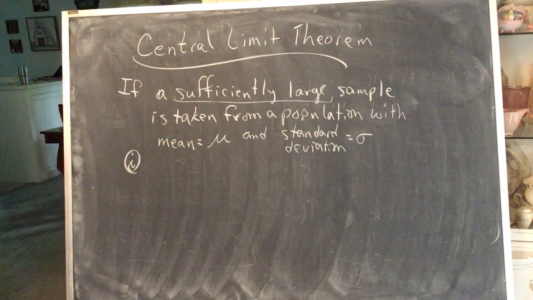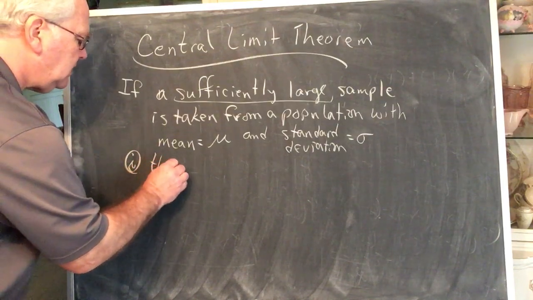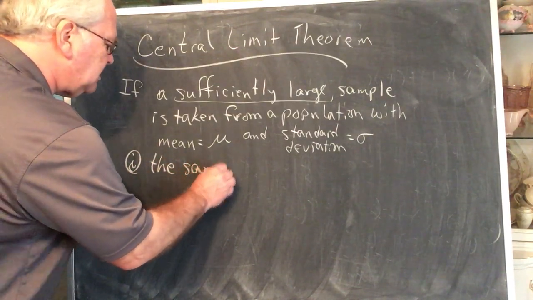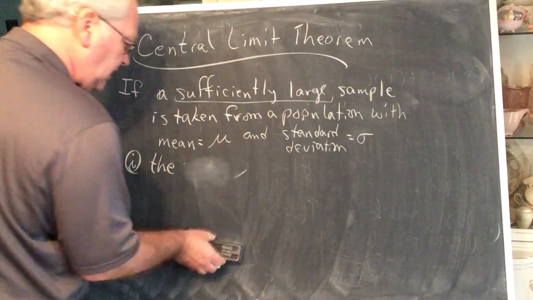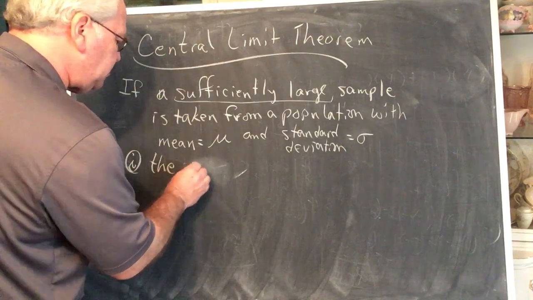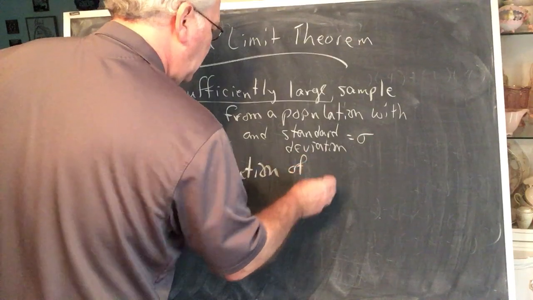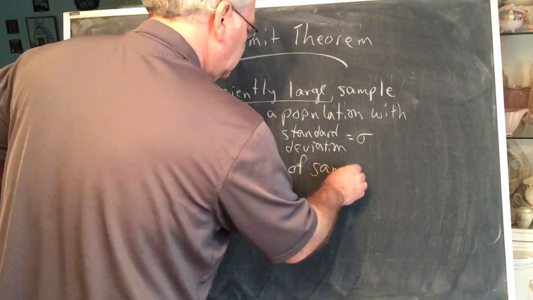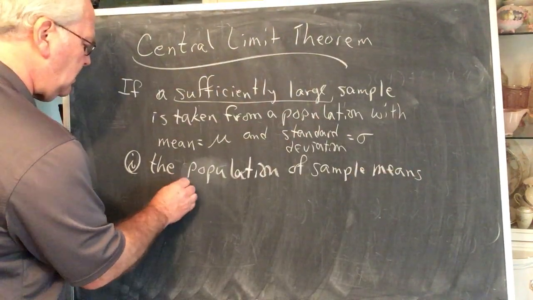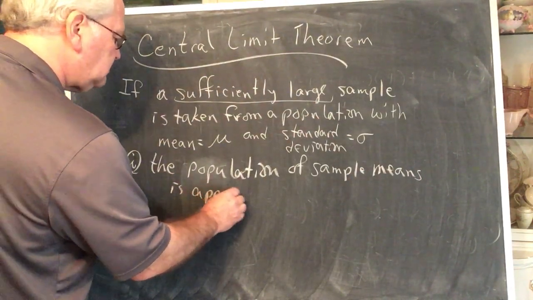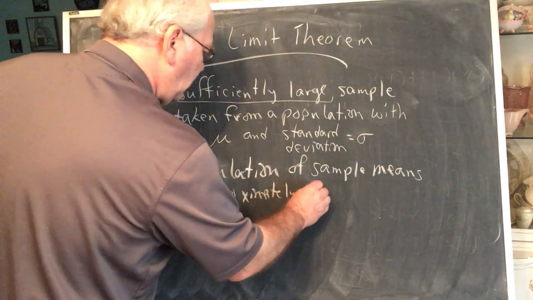Number one is that the sample means, let me say that a little bit differently, the population of sample means is approximately normally distributed.